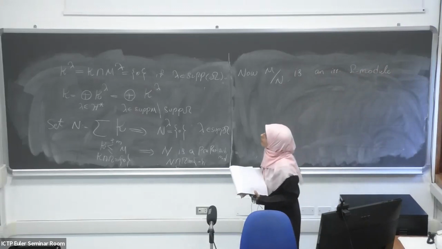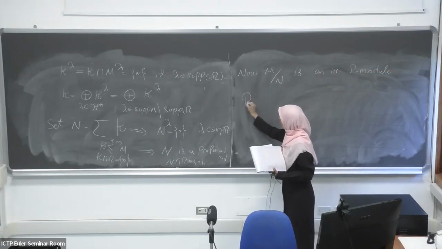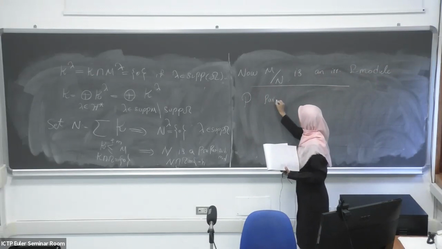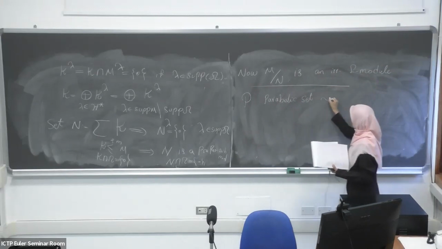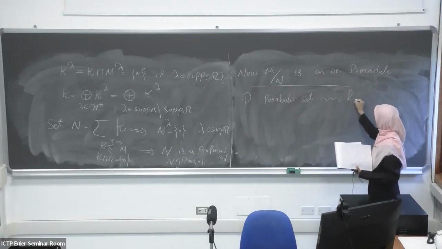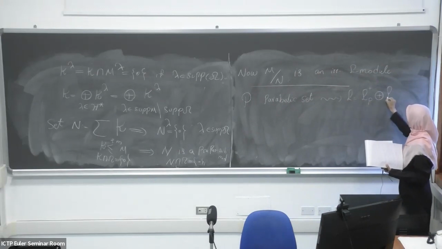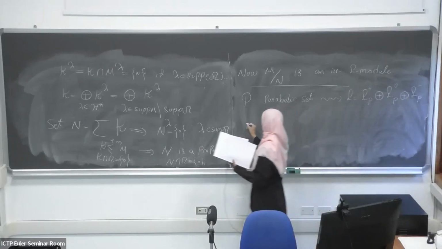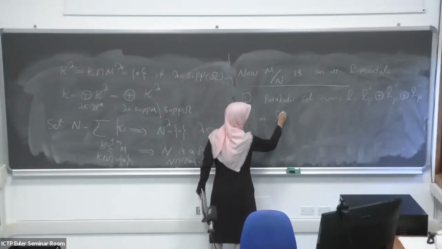So what I did, I start with a parabolic set. I had a decomposition L plus P, direct sum L null P, direct sum L minus P. I get an irreducible L null P module.